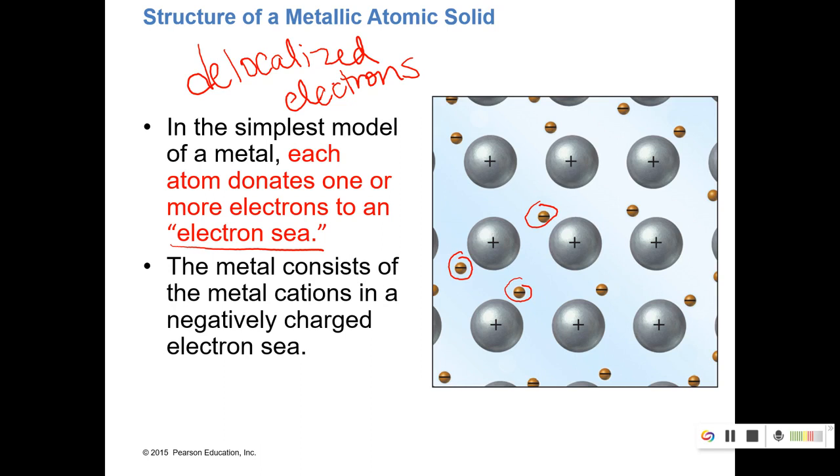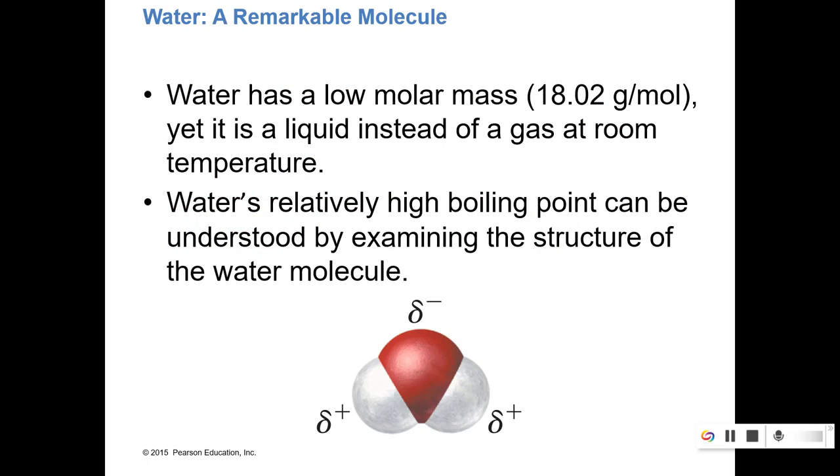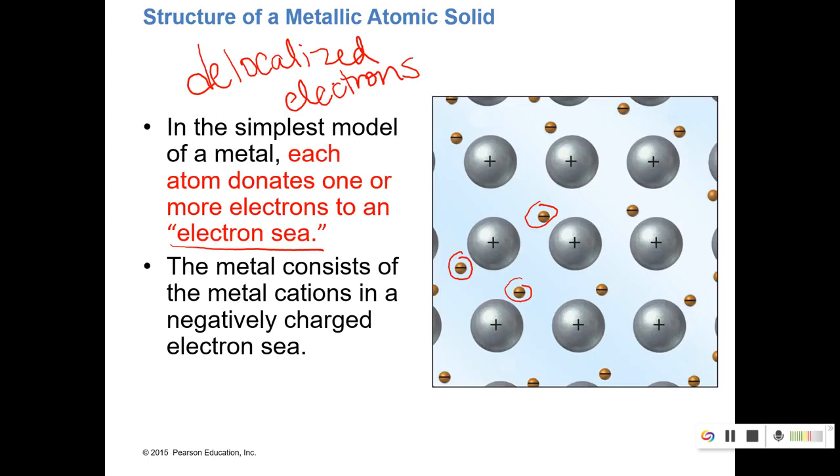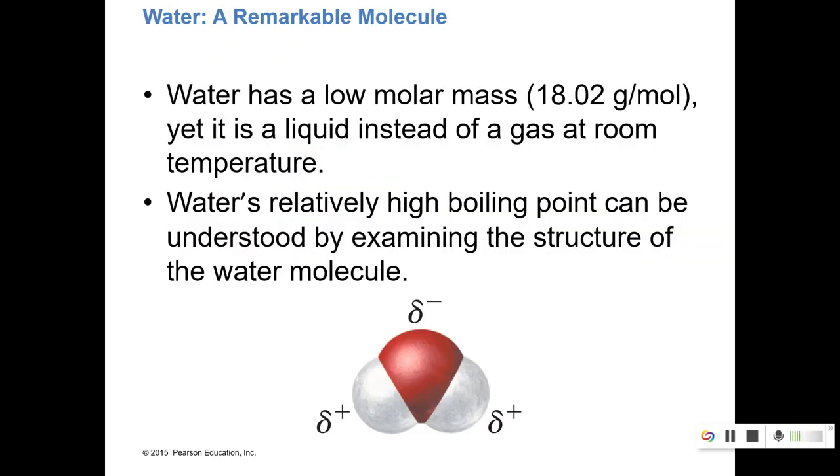That means they're not really belonging to one cation anymore. They can roam freely, which is why they're delocalized. Because of that, metals are such great conductors and have properties like being malleable. There's room for them to move around at the molecular level.